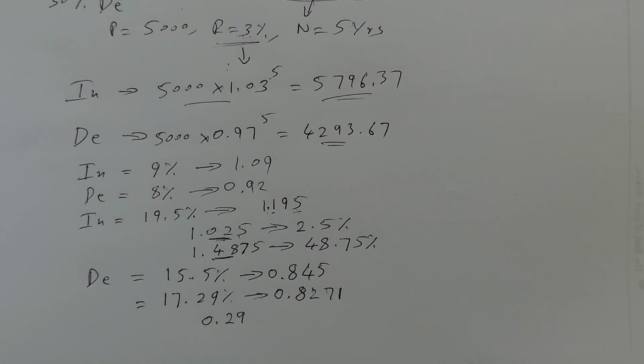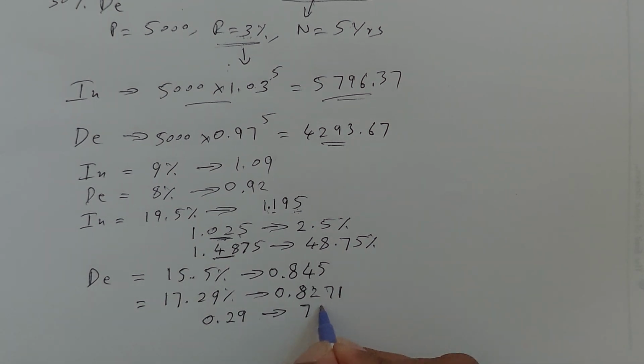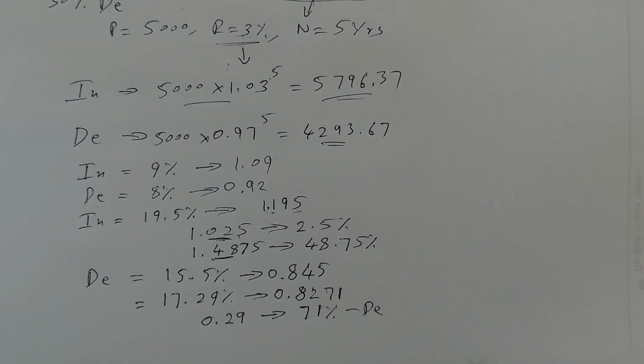So what will the percentage be? If 0.29 is my multiplier, then in your mind you should do 100 take away 29. 100 take away 29 is 71. So that will be your percentage of decreased value. So that will be the decreased percentage.